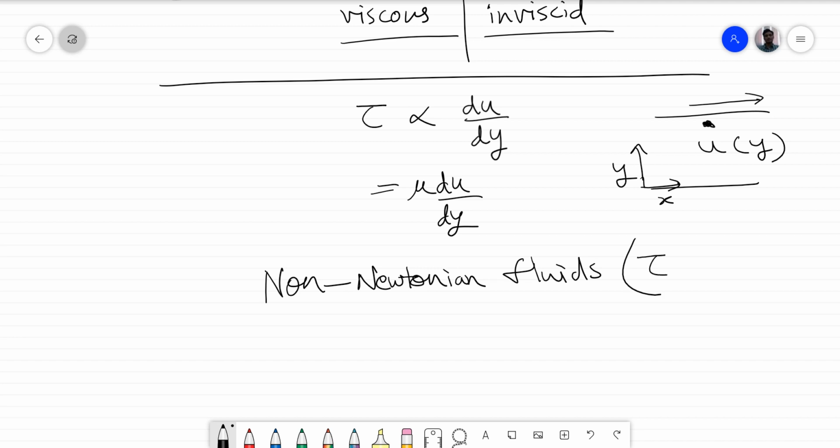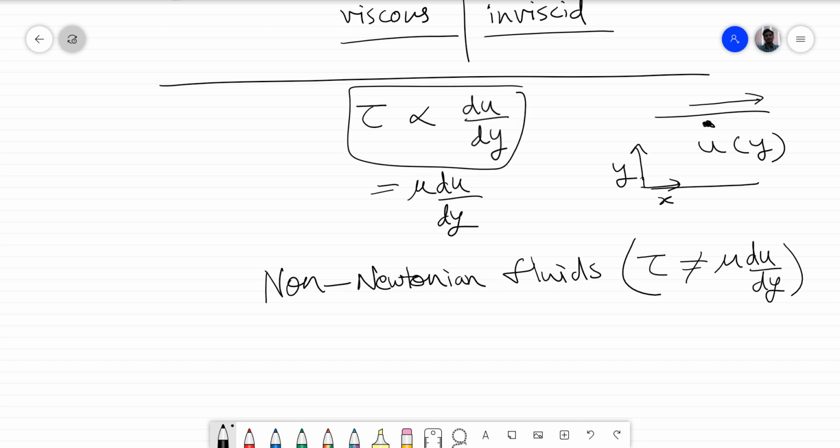Tau is not proportional to, not equal to, mu du by dy. There is some different relationship between the gradient of u and tau for non-Newtonian fluids.